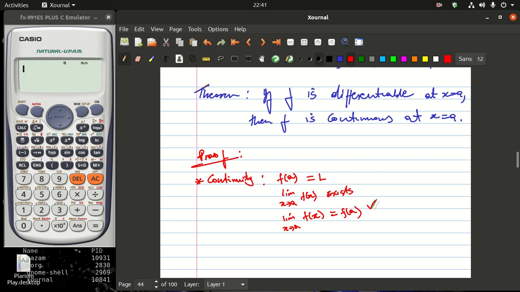But if I can prove this one thing, these two are also proved automatically. So I'm just going to prove this whole thing here.